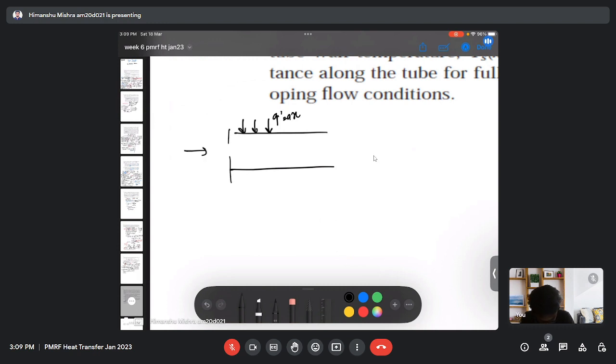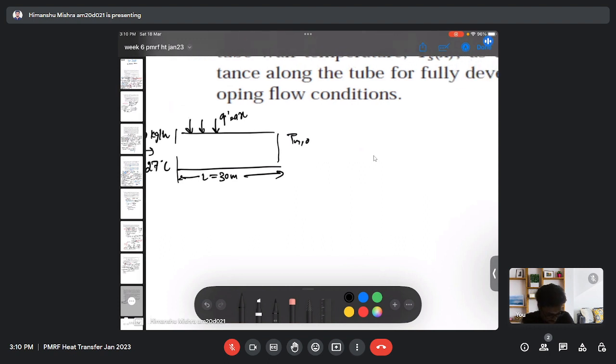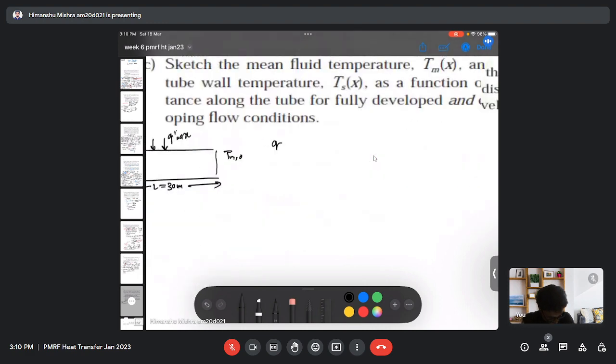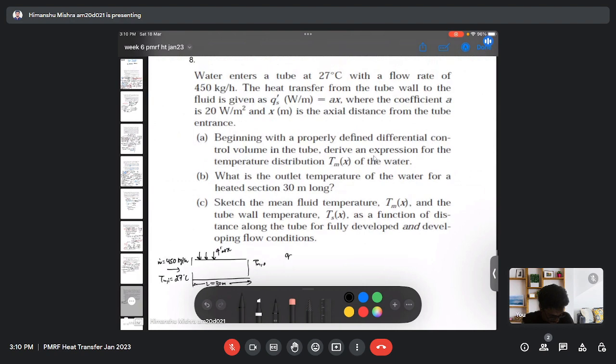There is a flow of water with mass flow rate 450 kg per hour, and the mean temperature at the inlet is 27 degrees Celsius. We don't know anything about the mean temperature at the outlet, and the length of the tube is 30 meters. Since we have been given a heat flux as Ax, it is given in watt per meter.